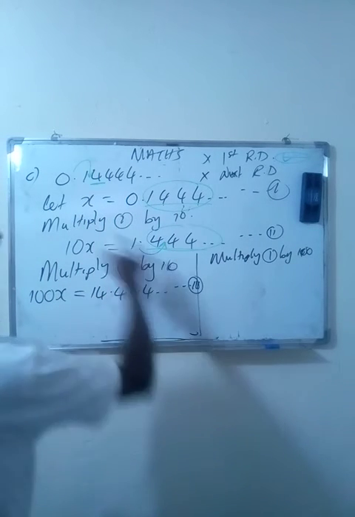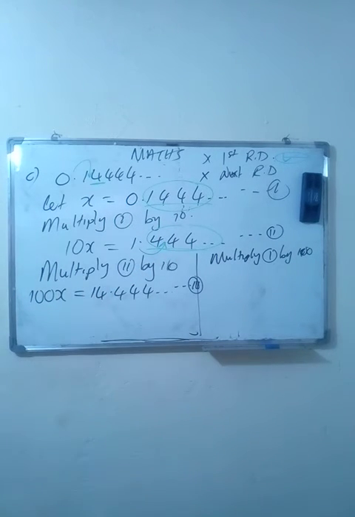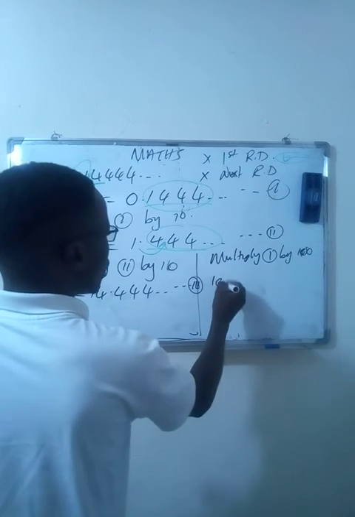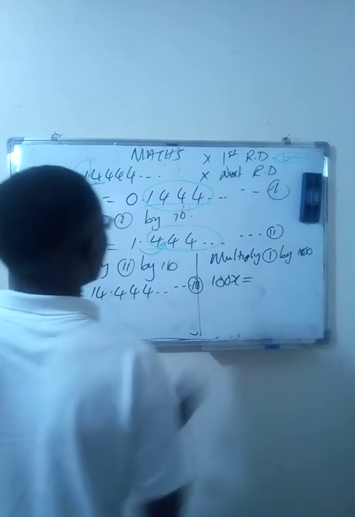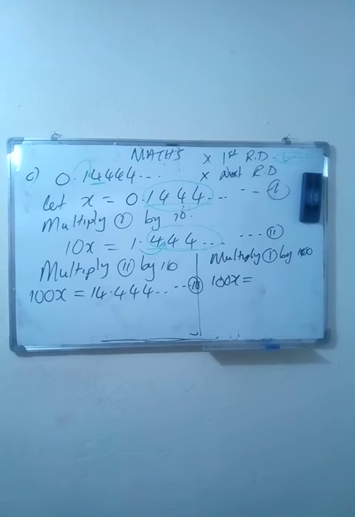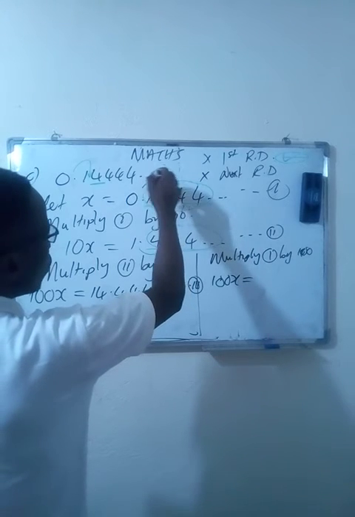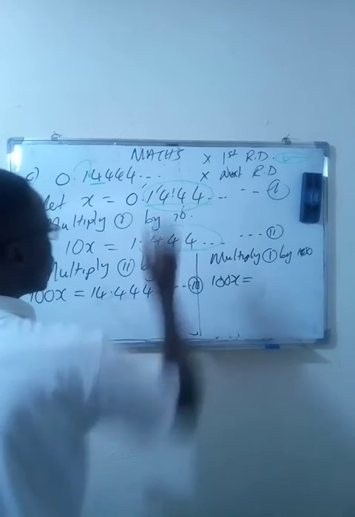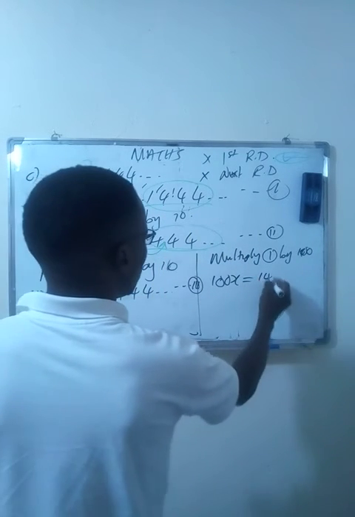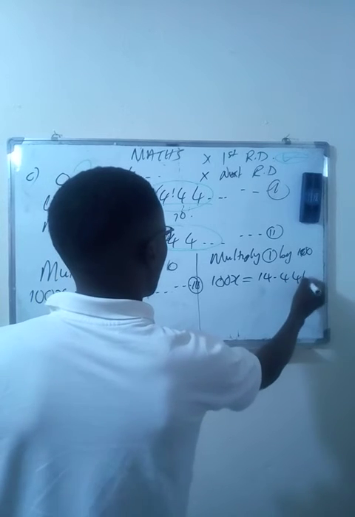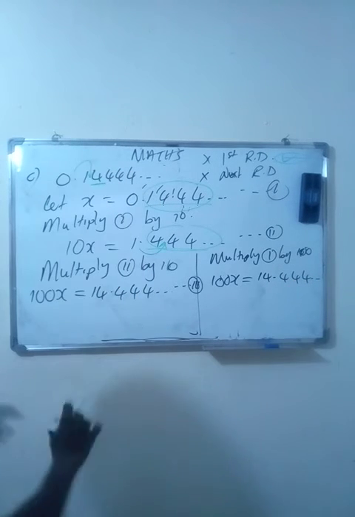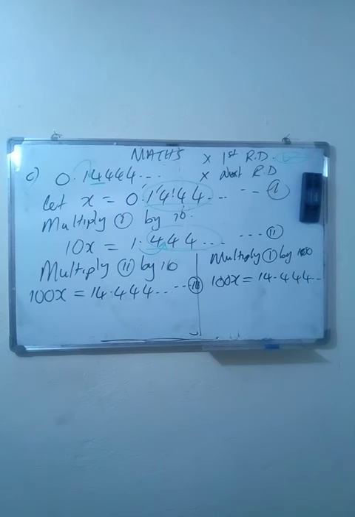So if you multiply on the left hand side, x by 100 is going to be 100x, and then 0.1444, we're going to move the decimal point 2 times, 1, 2, so it's going to be 14.444 and so on. So you can see that what you're getting is the same, isn't it?